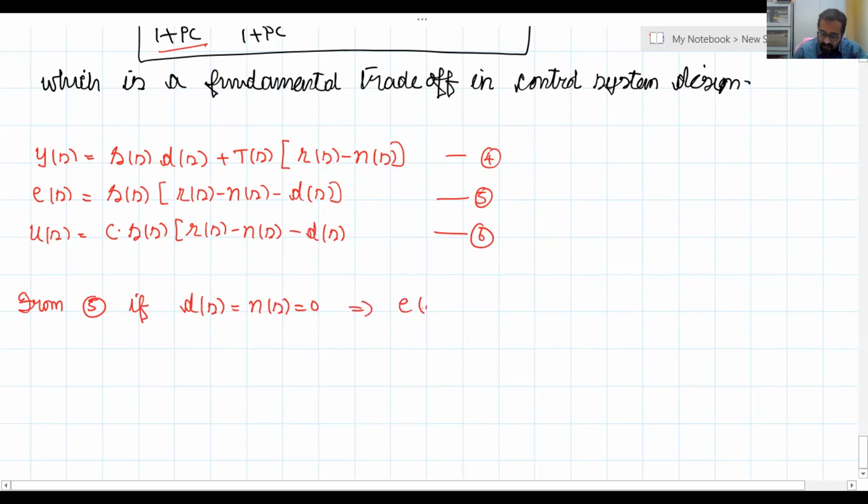You will get the error signal as sensitivity into R of S, the sensitivity function into the command signal R of S. So how can you minimize the error in this case? To minimize the error E of S, the sensitivity has to be very small, because R of S is the command input, the external command input that you give to the control system. So if you want to minimize the error, then the sensitivity has to be small.